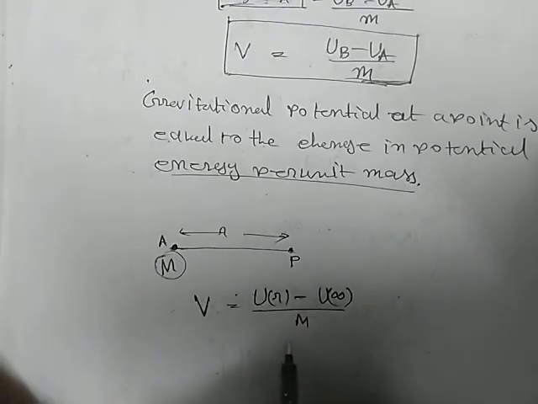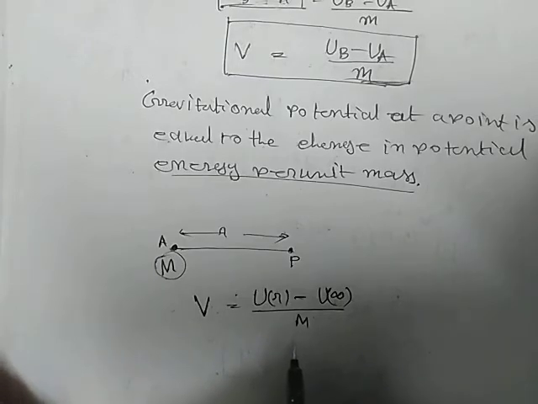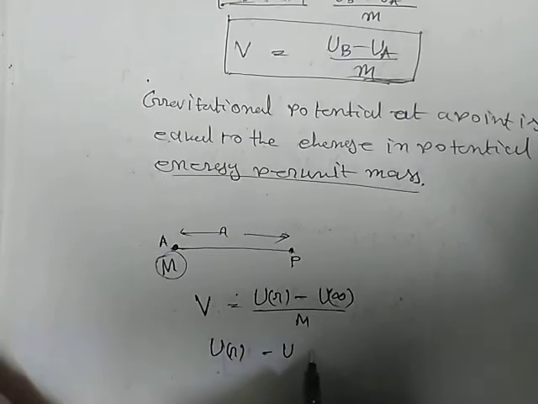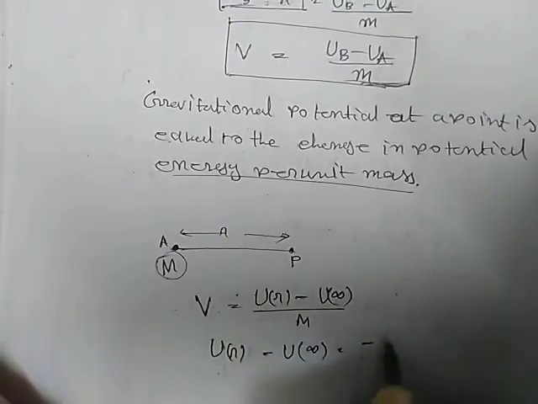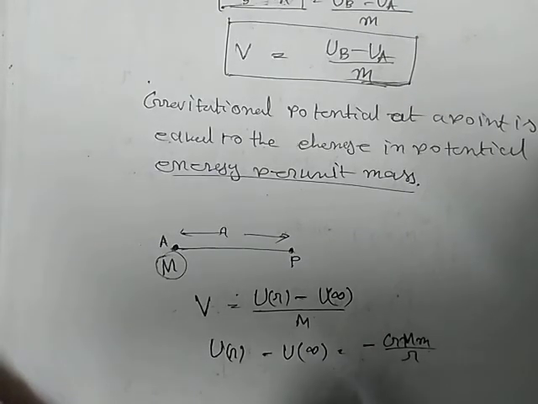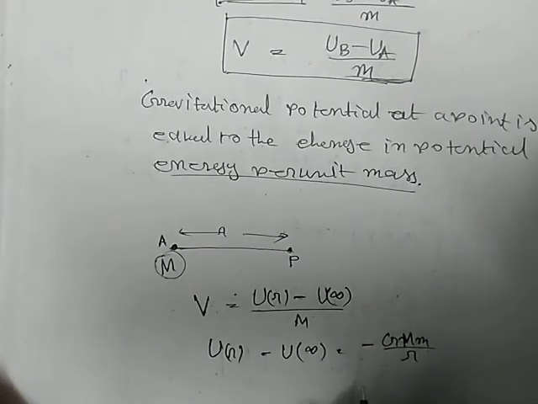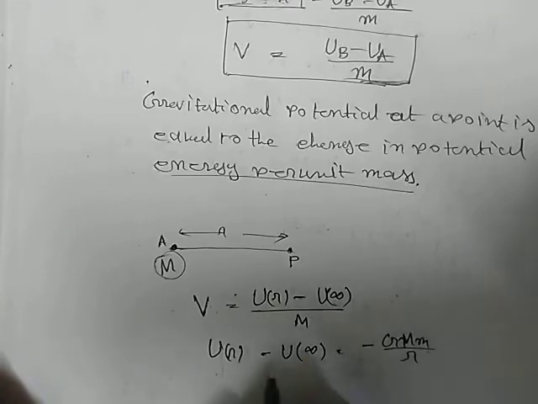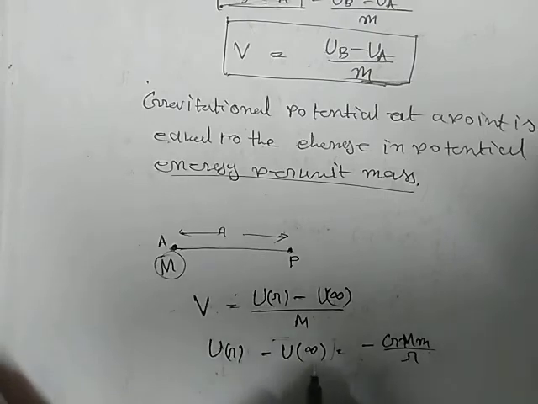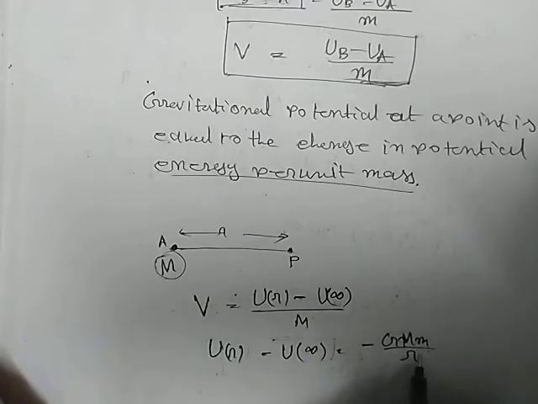So we can write Ur minus U infinity is minus GMm by r, as we have seen from previous examples that the potential energy is minus GMm by r, and you can easily see that at infinity the potential energy of the mass is 0.